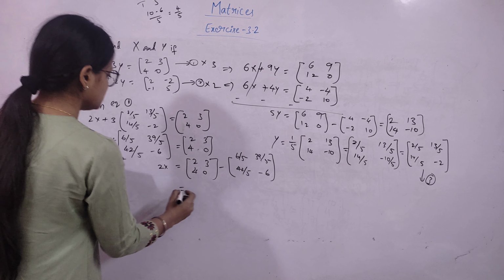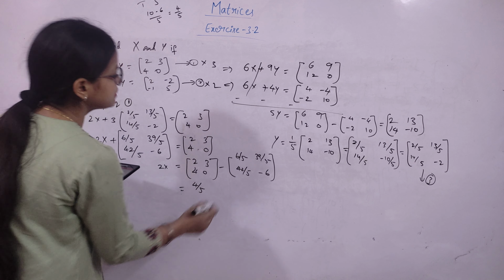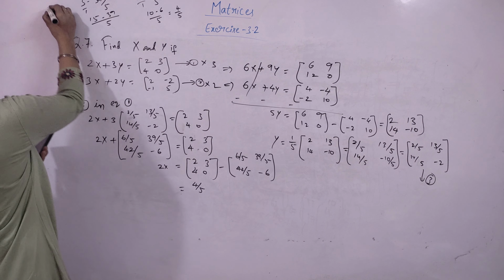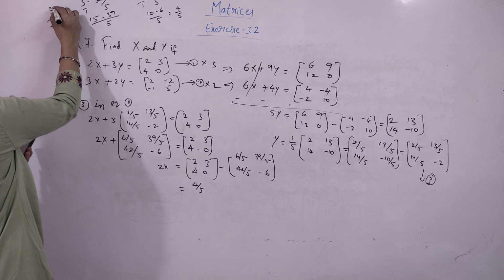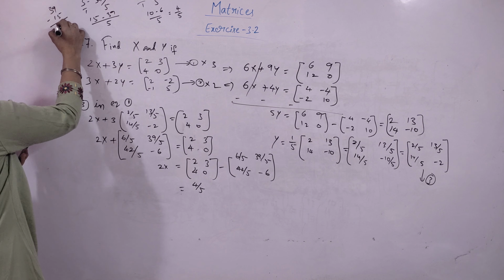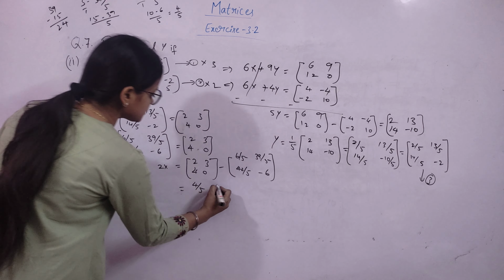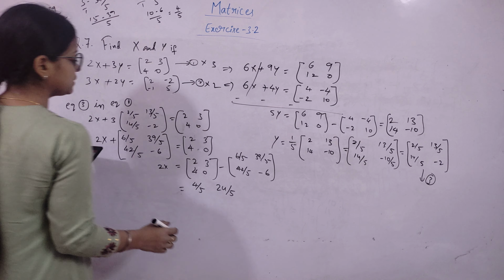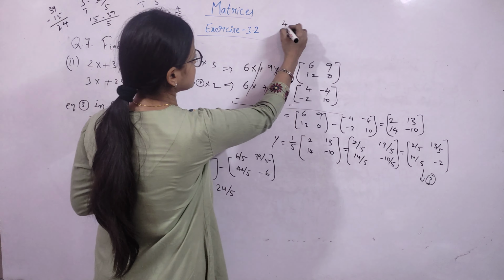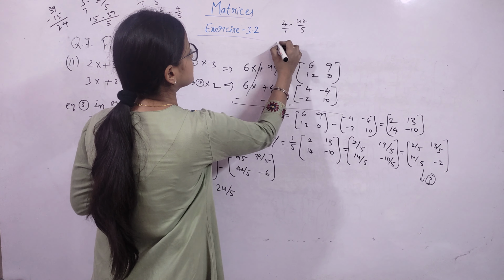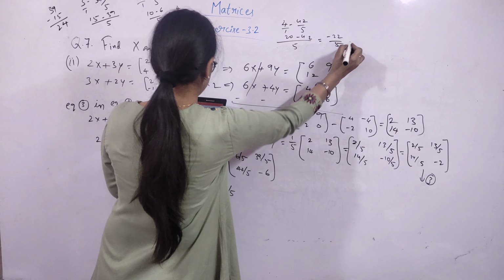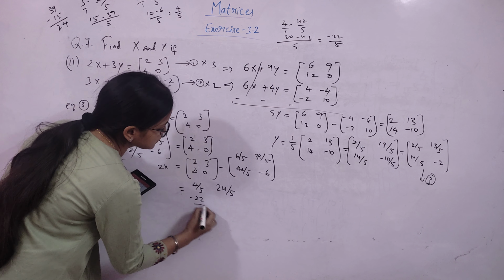Then 3 minus 39 by 5: 5 threes are 15, minus 39 by 5, so 15 minus 39 is minus 24 by 5. Next, 4 minus 42 by 5: 5 fours are 20, minus 42, so it is minus 22 by 5.